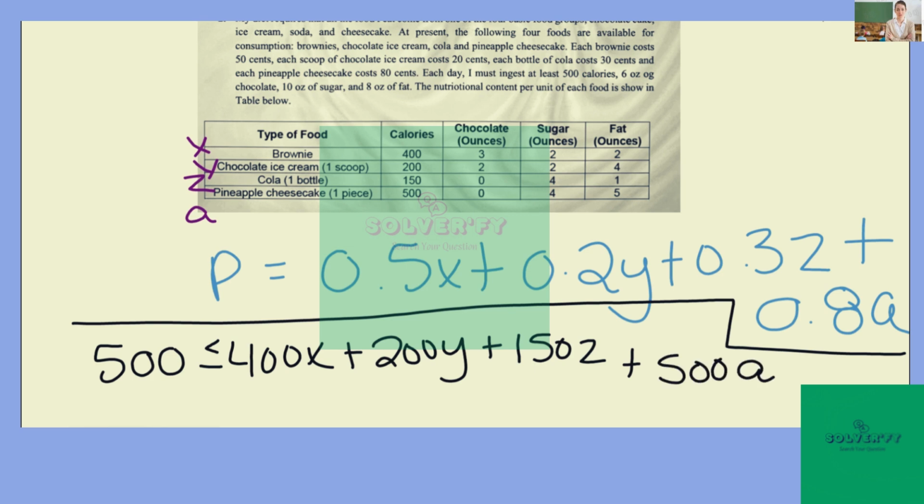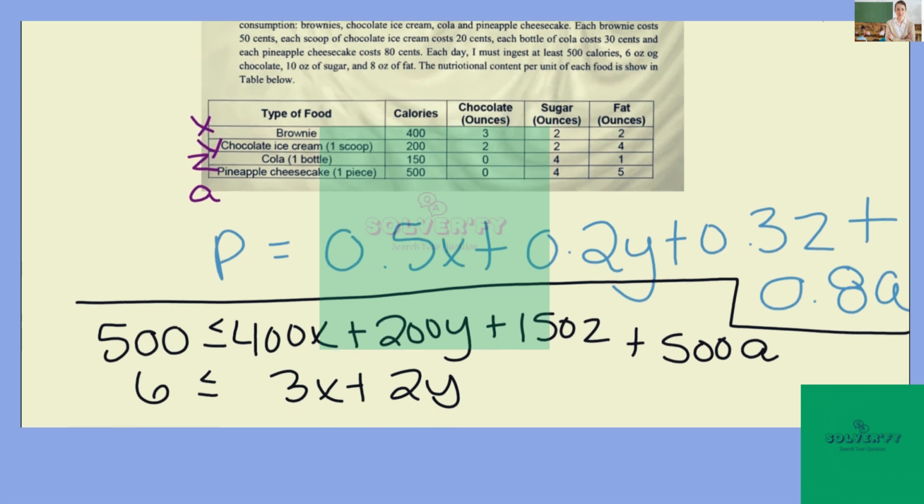Now our second constraint is we know that we need to ingest at least 6 ounces of chocolate. So 6 has to be less than or equal to 3X plus 2Y. And since there's 0 ounces of chocolate in cola or pineapple, we don't need to include that.